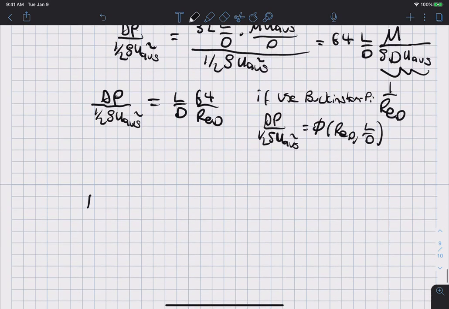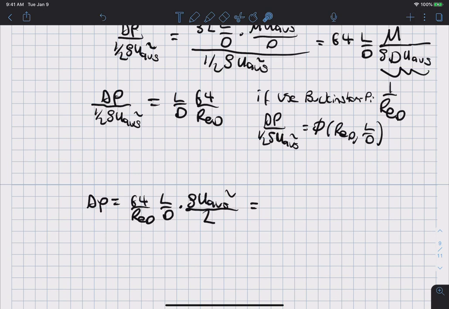And now delta P is equal to 64 over Re_D times L over D times rho U averaged squared over 2. I'm going to set this equal to something here, and this suggests a general form for the pressure drop. We are actually going to use it for turbulent flow too, except for this constant here.